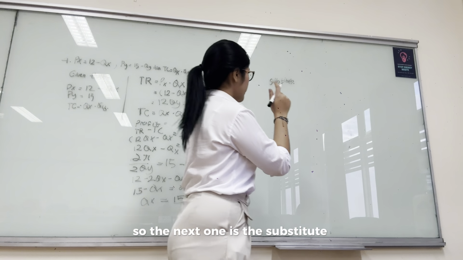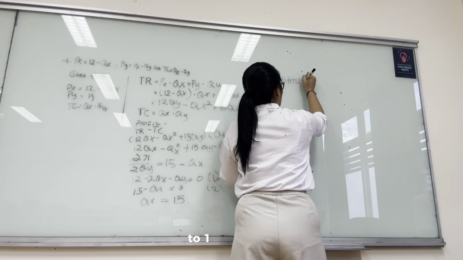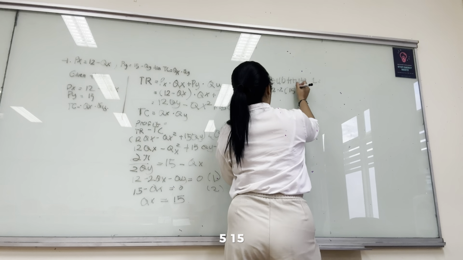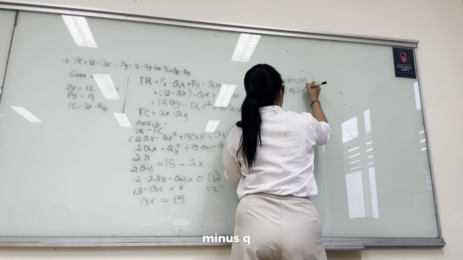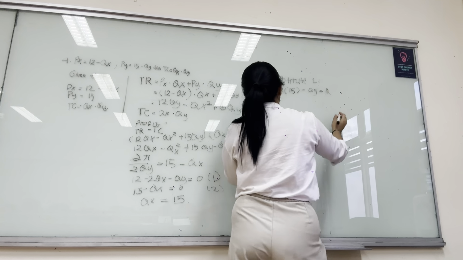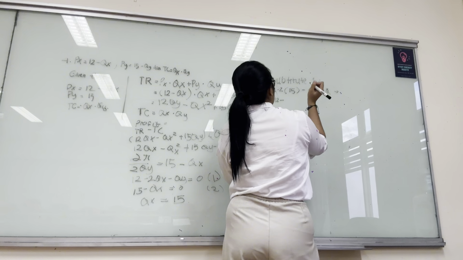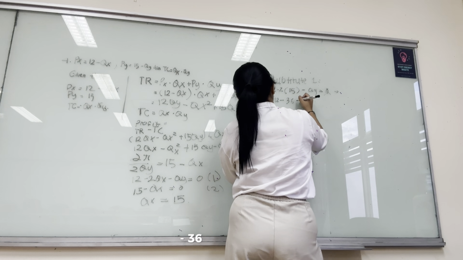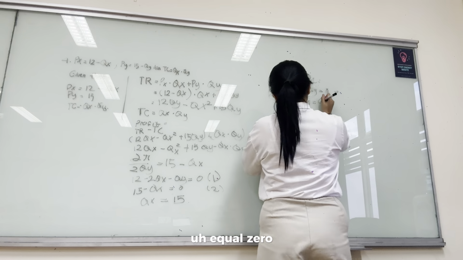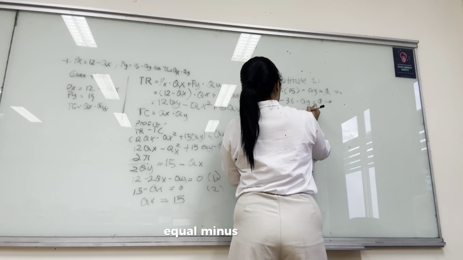So the next one is to substitute. Substitute Qx into the first equation: 12 minus 2 times 15 minus Qy equal 0, and then 12 minus 30 minus Qy equal 0, and then Qy equal minus 18.